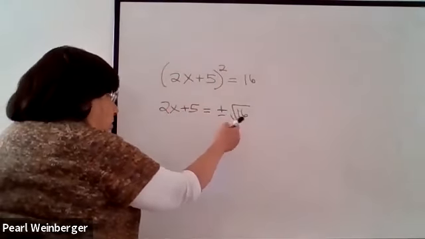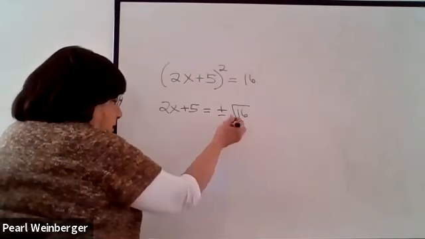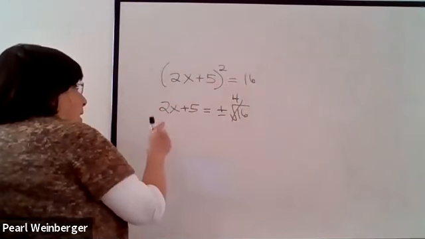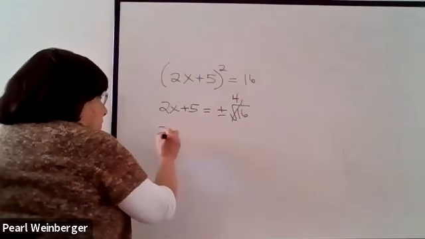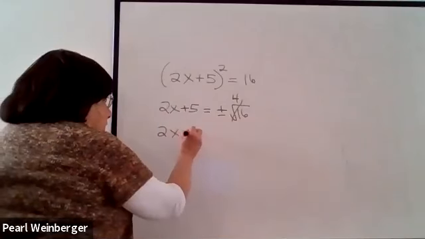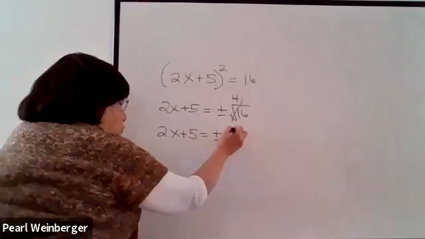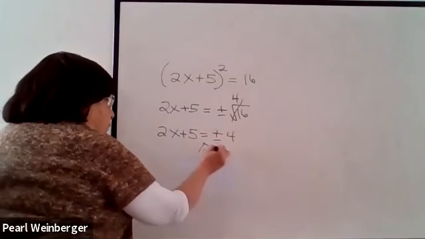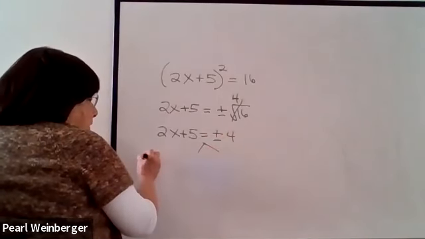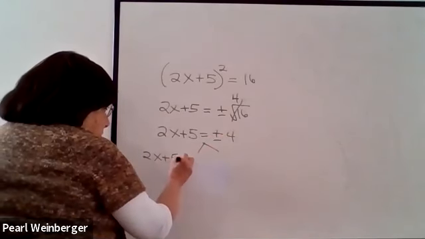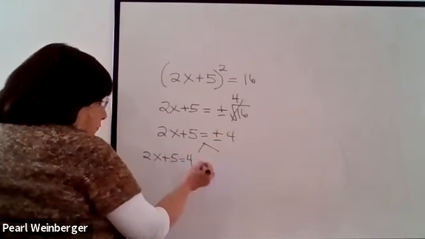So first of all, the square root of 16 is obviously just 4. That's a real number. And when we say that 2x + 5 equals plus or minus 4, it really means that we have two answers. One answer being 2x + 5 equaling regular, positive 4.